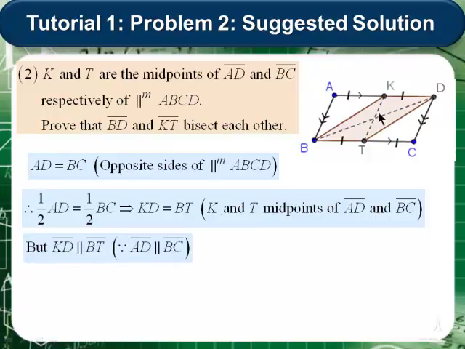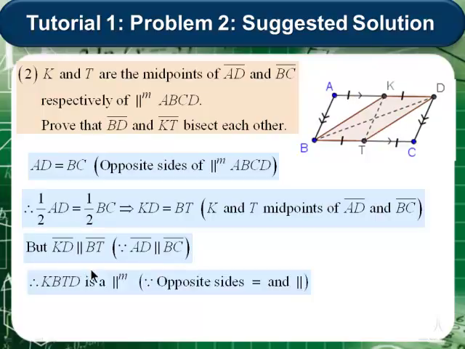But line segment KD is parallel to line segment BT for the simple reason that it is a portion of two parallel line segments AD and BC.